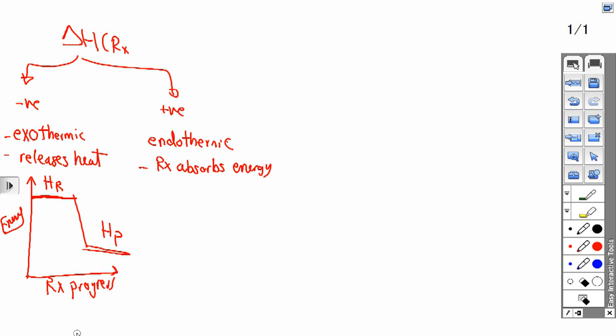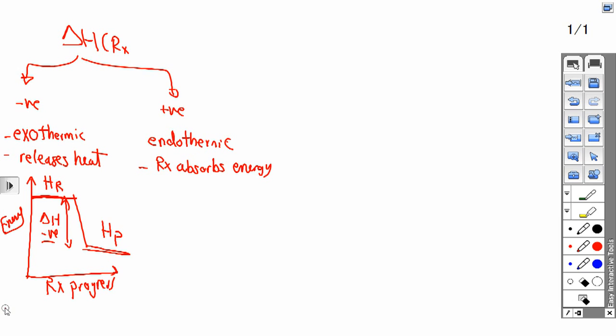The difference between them will be delta H, and its value is negative. In this case also, the product is stable because its energy is lower than the energy of the reactant.